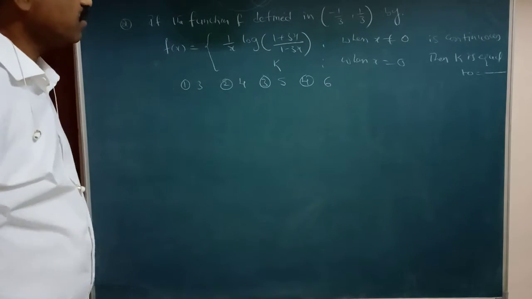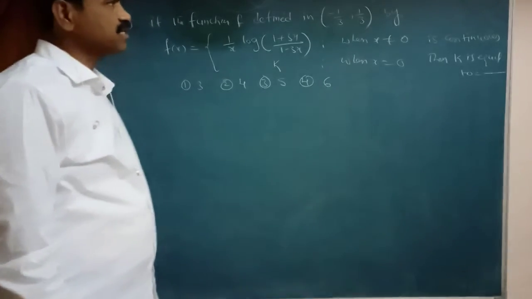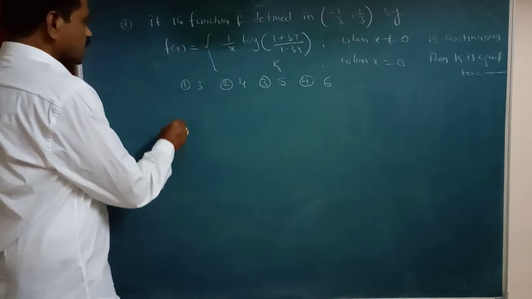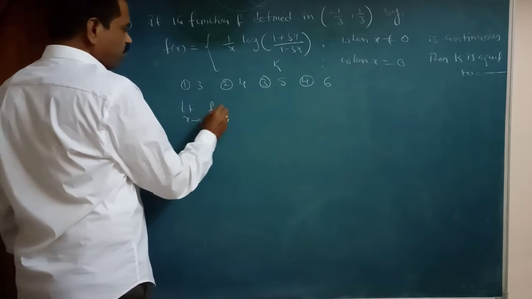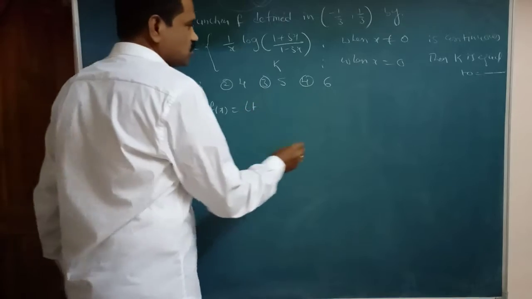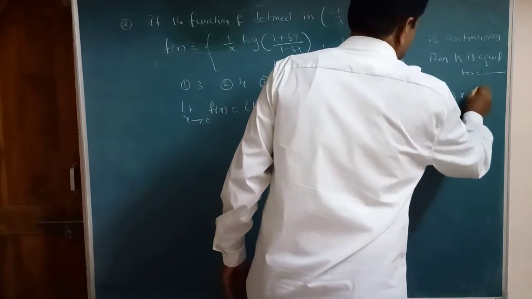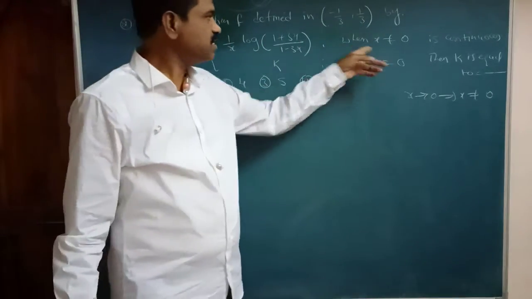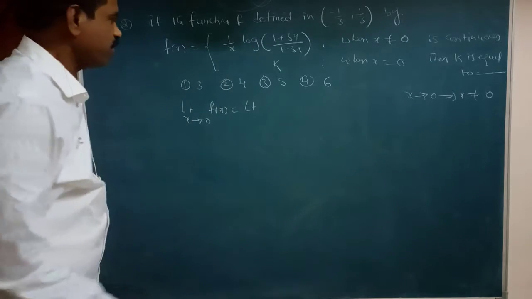See here, we know that continuous at x equal to a, then limit x tends to a, f of x equal to f of a. Here limit x tends to 0 means x not equal to 0. When x not equal to 0, the function is 1 by x log of (1 plus 3x) by (1 minus 3x).